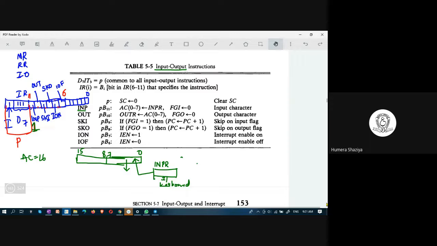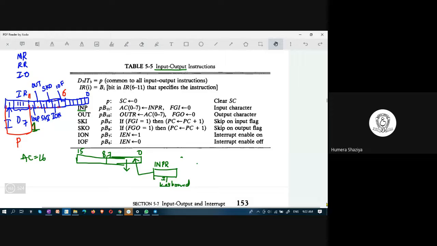This AC 0 to 7, this replacement operator means you are transferring the contents of INPR into the first byte of accumulator, and FGI is set to 1.